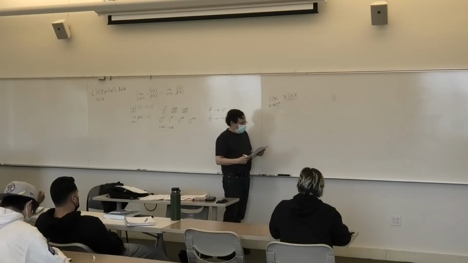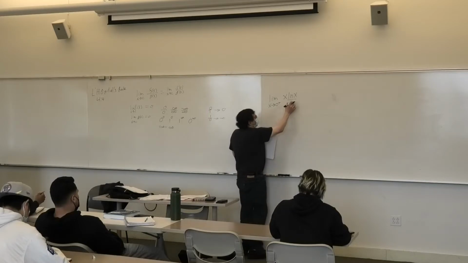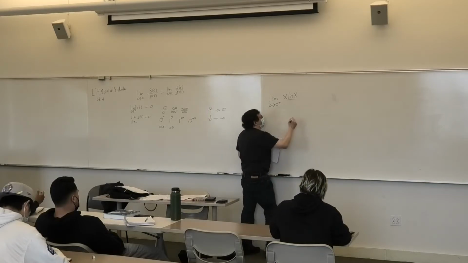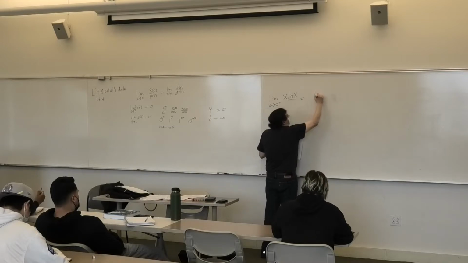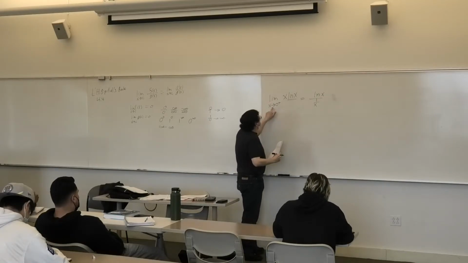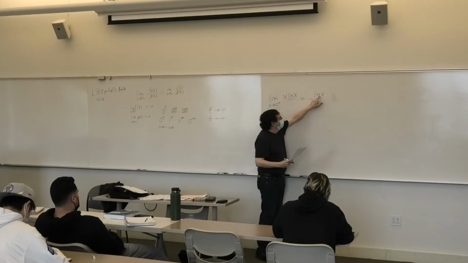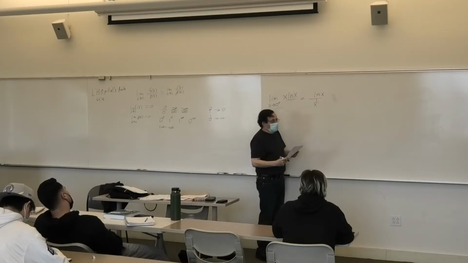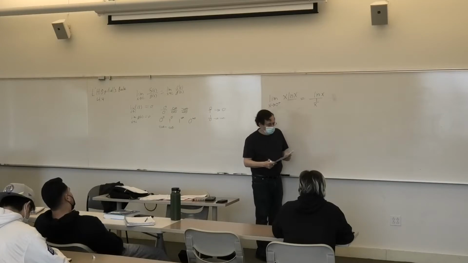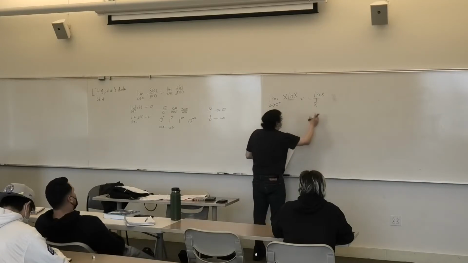Well, this doesn't look like an indeterminate form unless you rewrite it as ln of x over 1 over x. As x goes to 0, ln of x goes to negative infinity, and 1 over x goes to infinity. So it's an indeterminate form.